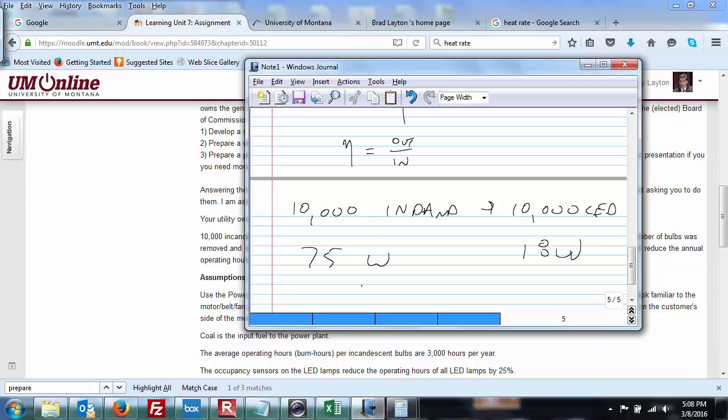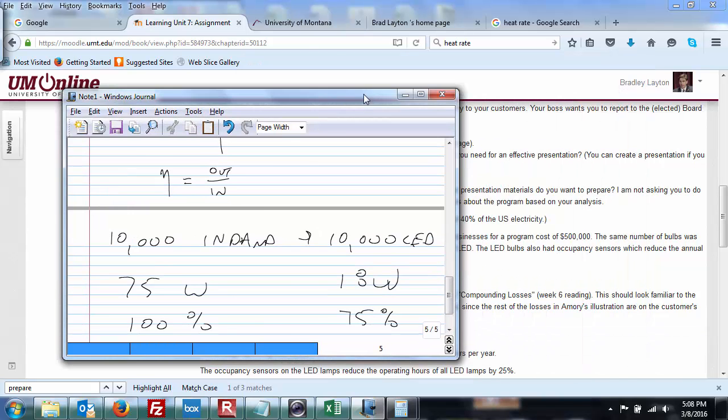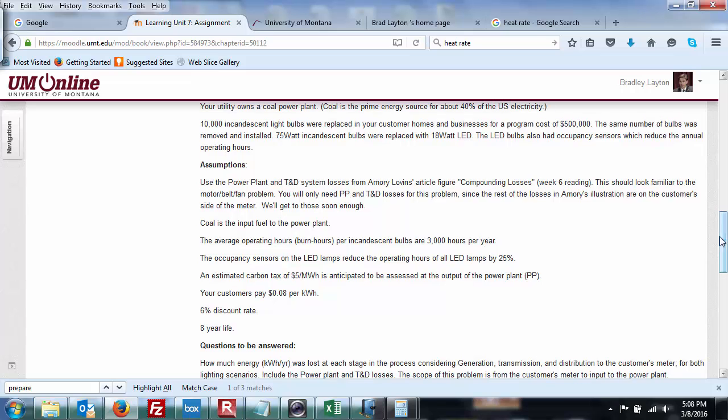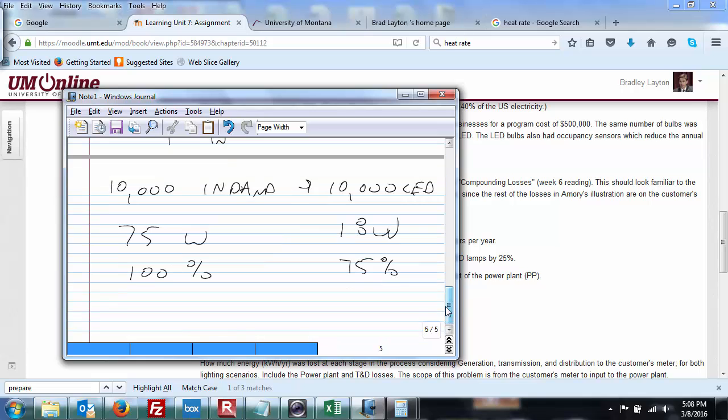And then these are going to be on 100% of the time, and these are going to be on 75% of the time, if I've read that correctly. Coal is the input fuel. We're looking at 3,000 hours per year. That's true for both.